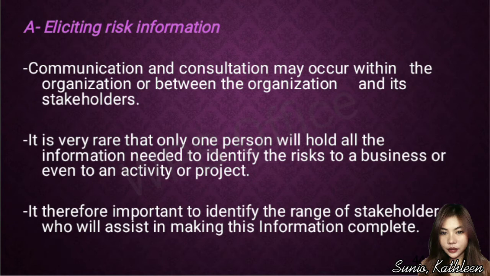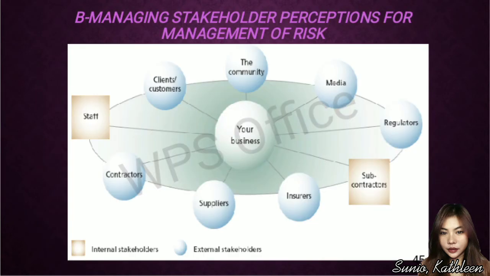It is very rare that only one person will hold all the information needed to identify the risk to a business or even to an activity or project. It is therefore important to identify the range of stakeholders who will assist in making this information complete. It is a proven way of identifying and assessing factors that could negatively affect the success of a business or project. Managing stakeholder perception for management of risk.